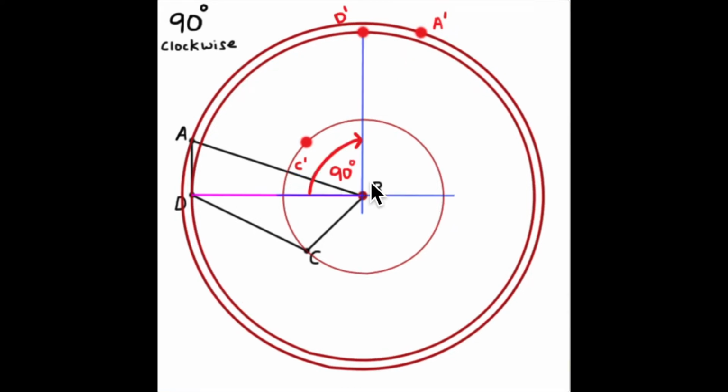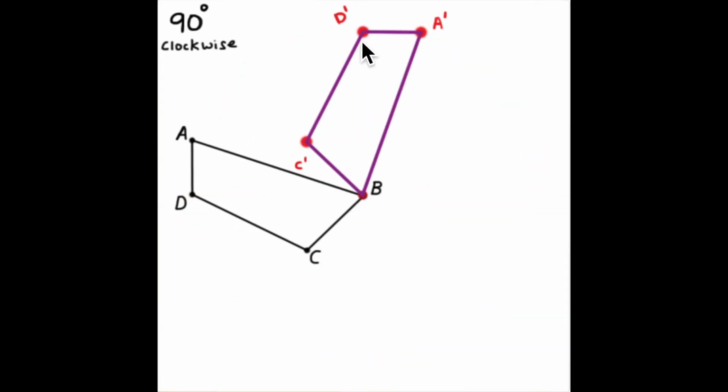And finally, I'm going to look at the rotation of this diagonal BD so I can see point D rotate 90 degrees clockwise to D prime. And get rid of all the circles, connect the points, and this is a rotation of this figure to this image, A prime, this should be B prime, C prime, D prime.